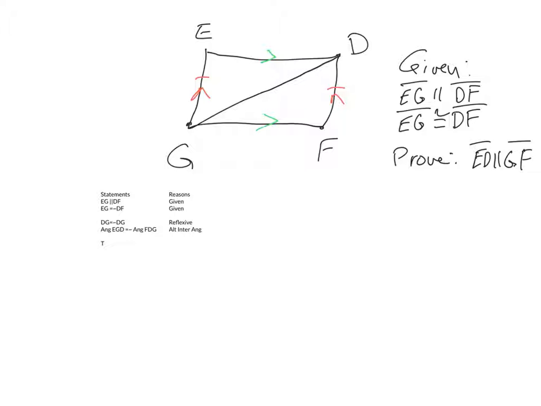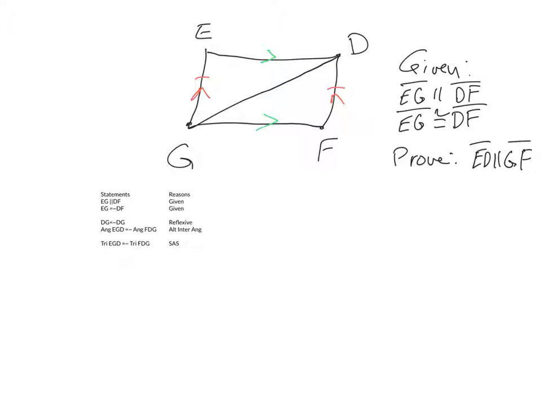Those are alternate interior angles. Now I can say triangle EGD is congruent to triangle FDG, and that's because I've proven I have two sides. One's in the given, one I proved by reflexive, and the included angle, so that's side, angle, side.